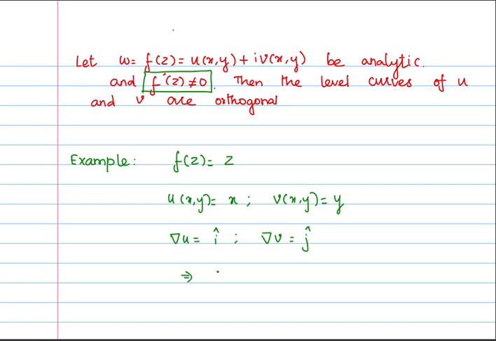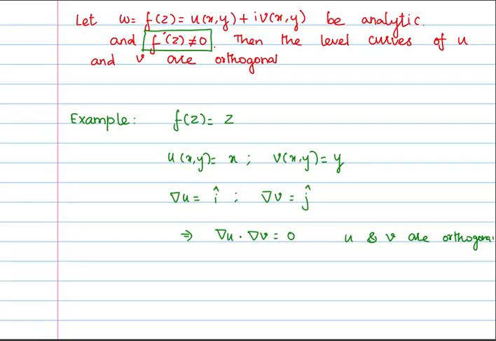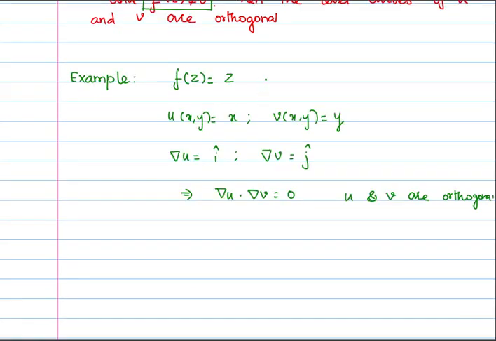This implies gradient of u dot gradient of v is 0. So u and v are orthogonal. Clearly, here f prime of z is 1, it is not equal to 0.